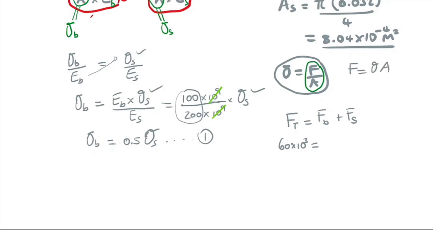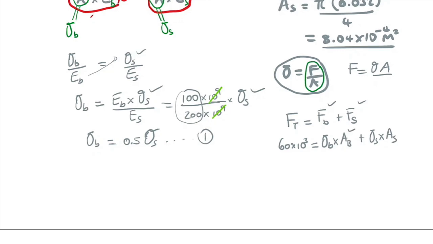So it is the stress for the brass times the area for the brass plus the stress for the steel times the area for the steel, like this.